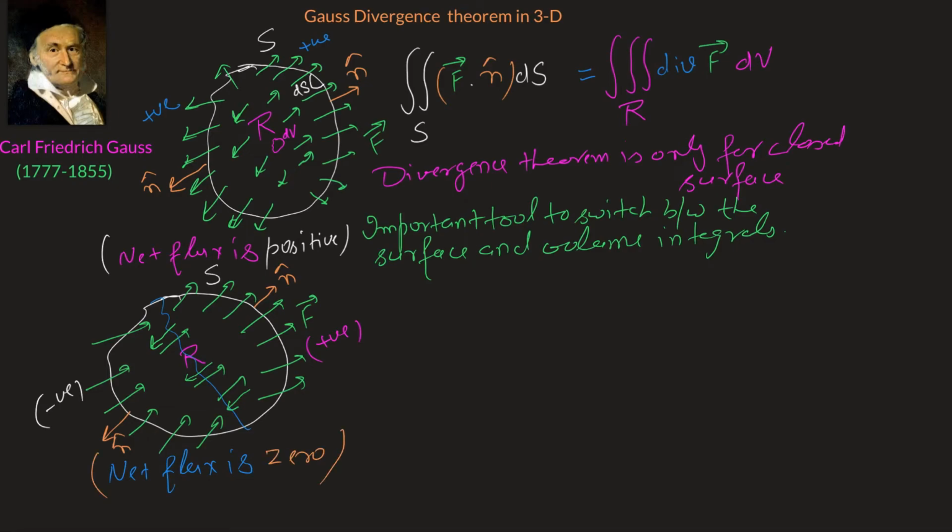So now we take another, the last case. In this case let us say this is the surface S and this is the region R bounded by the surface, and this is the vector field.